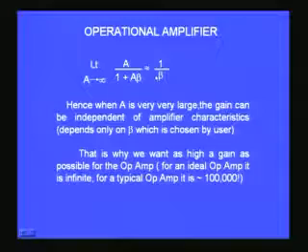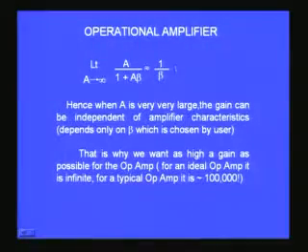The beta is set by us outside the amplifier by using some small resistor network, and therefore the amplifier becomes independent of its own characteristics, and it can be very easily controlled by having a couple of resistors outside controlling the feedback, and therefore the operational amplifier becomes an excellent device for different applications.